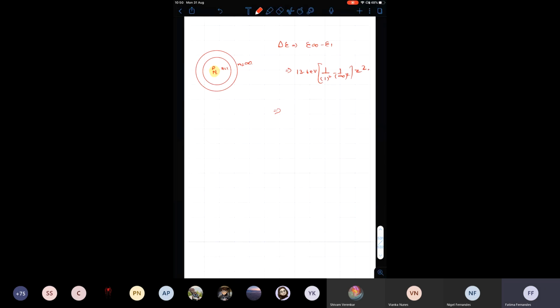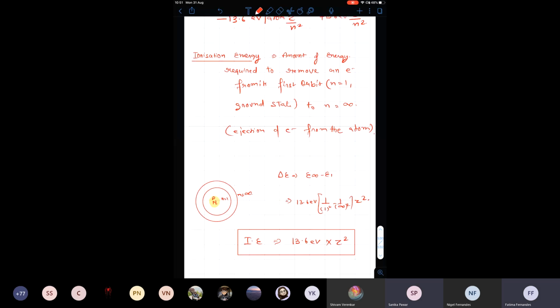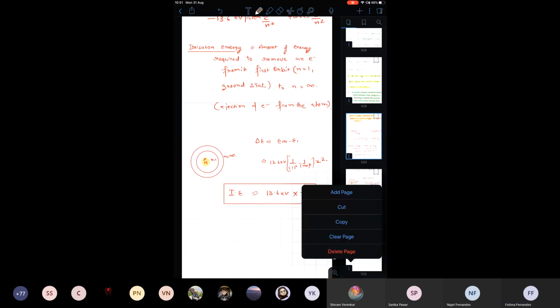All of you understood this formula? Please scroll up a bit. Read it and let me know if there's any doubt.